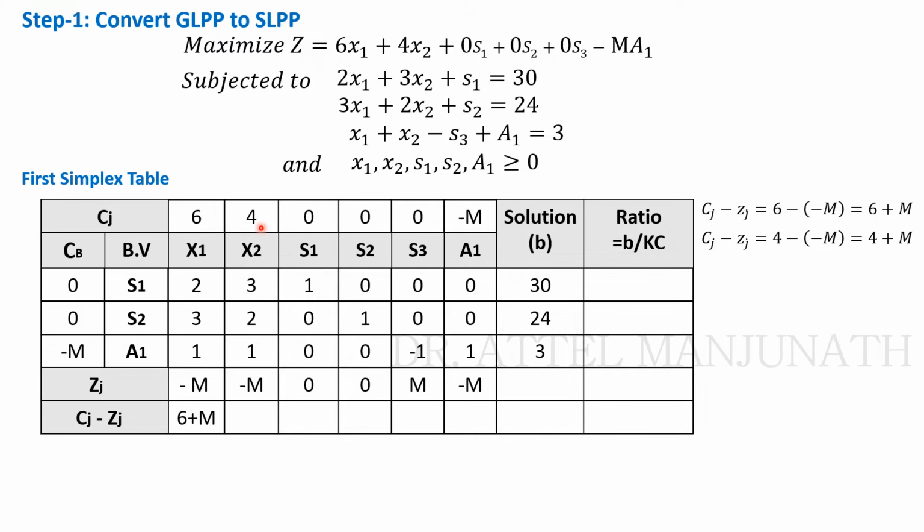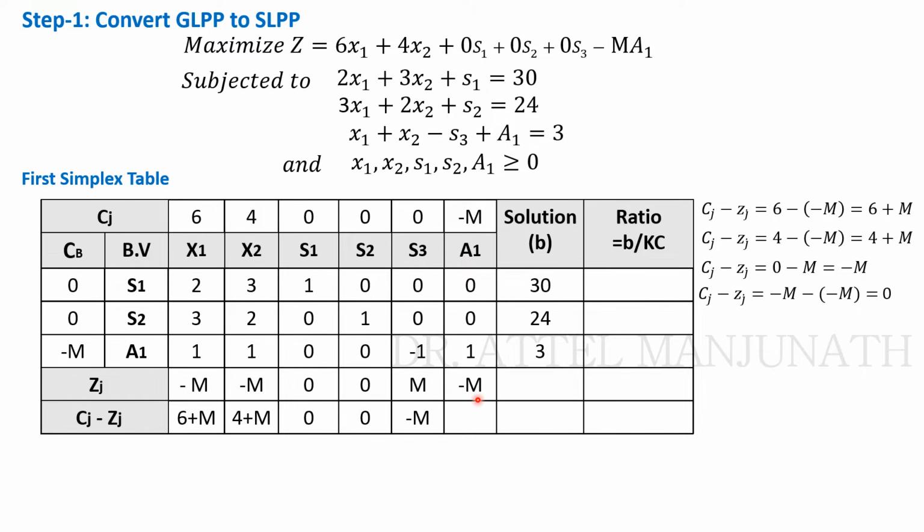Similarly, you add 4 minus of minus M, you will get 4 plus M here. So similarly 0 plus 0 you will get 0, and again 0 plus 0 is 0, 0 minus M, so here you will get minus M. So this is minus M.